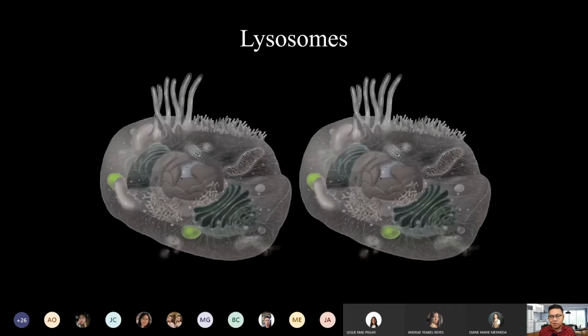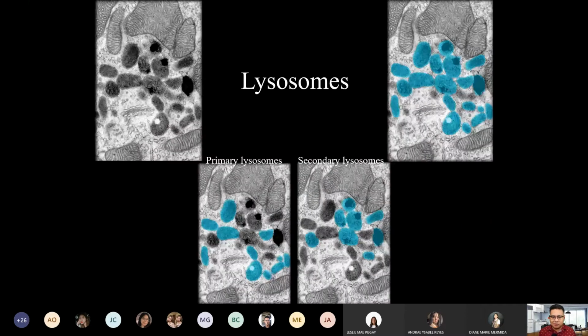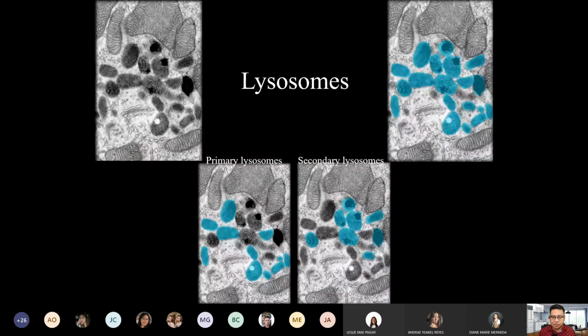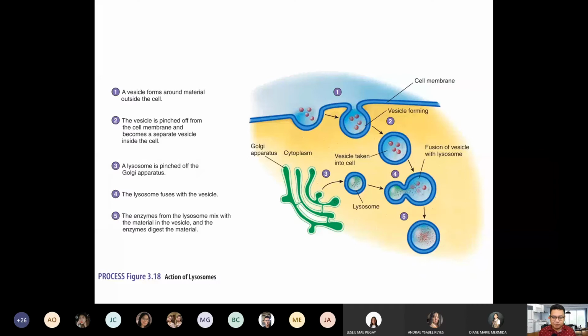Okay? So lysosomes and peroxisomes are magkamukha. They look like small blobs around the inside of our cytoplasm. Okay? So this is how our peroxisome or our lysosome acts. Kakainin ng cell, hindi naman kinakain.